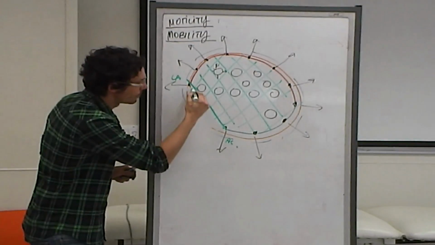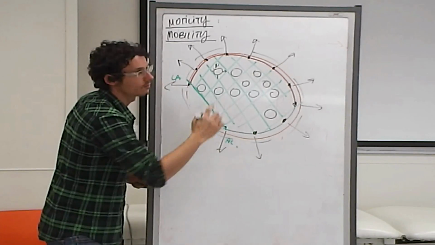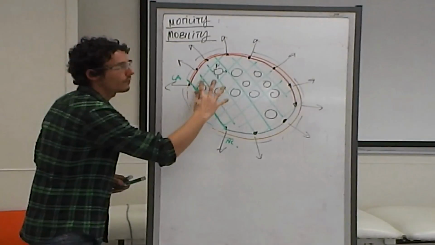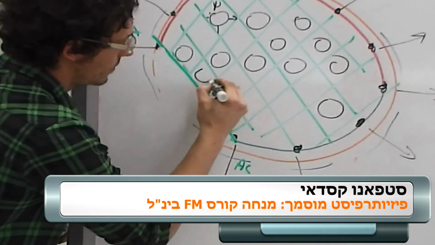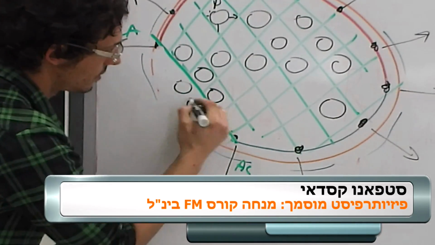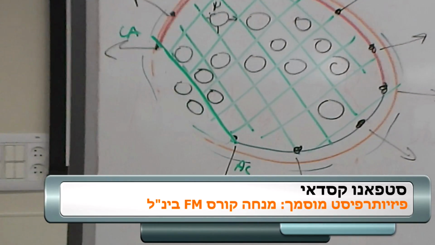Instead of being open like this, it collapses on the organs. So it modifies completely the shape of these compartments. And an organ that is here can be restricted by the fascia. Even if the organ is fine, it's just restricted.